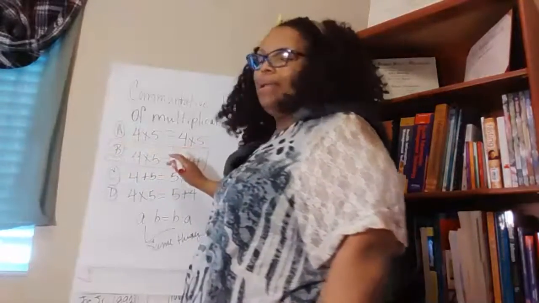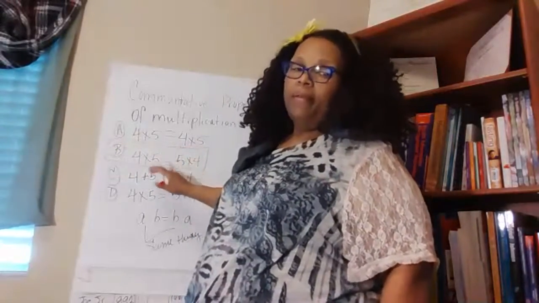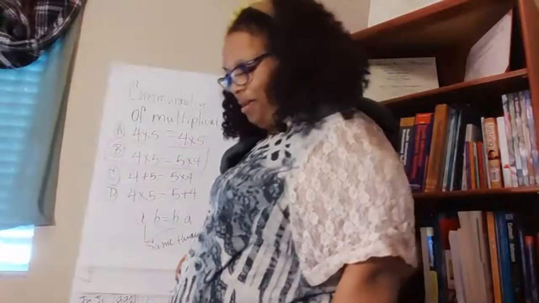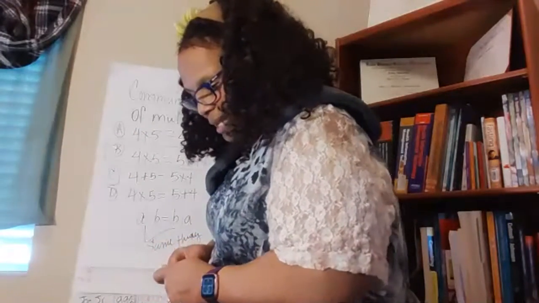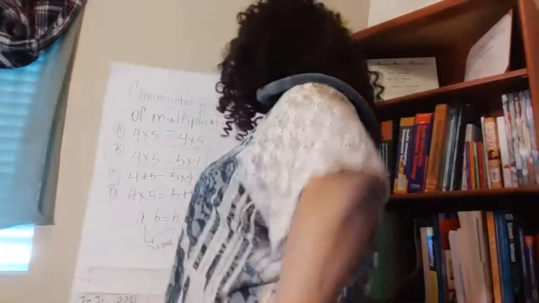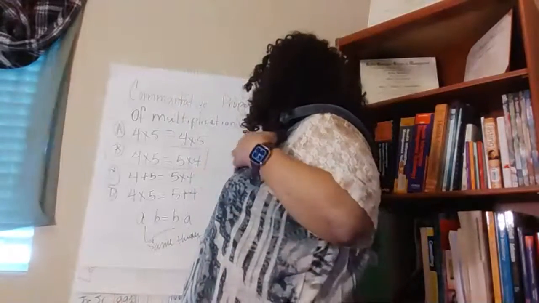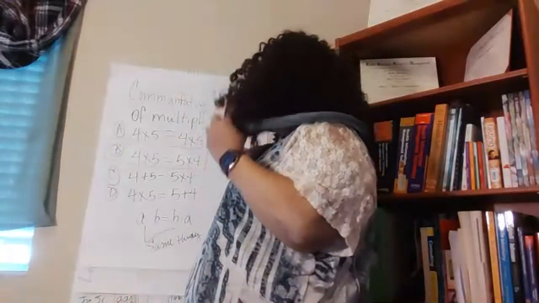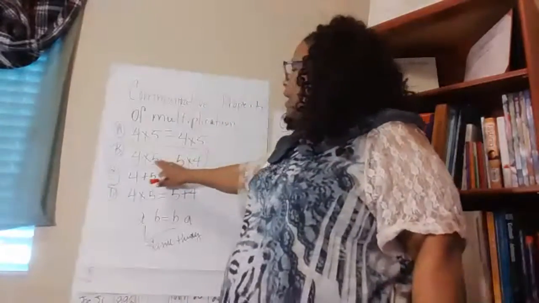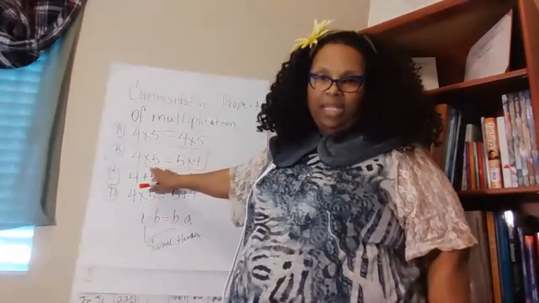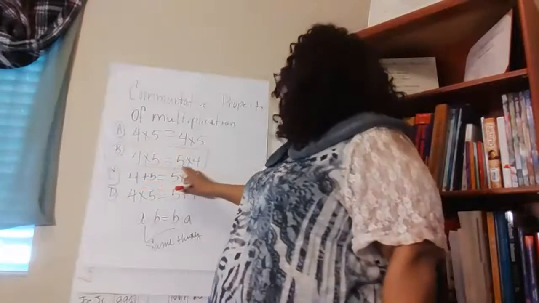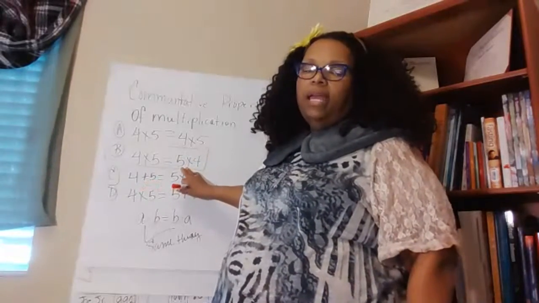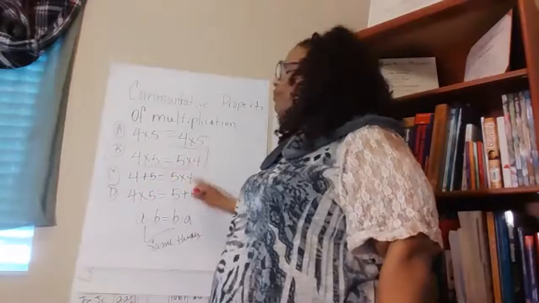Your D is my B. That's why I had to kind of recognize it a little bit further than what you were saying. However, what you said is correct. If it's 4 times 5 on this side, then if you flip it over, it is 5 times 4.